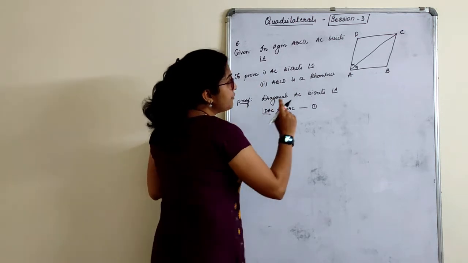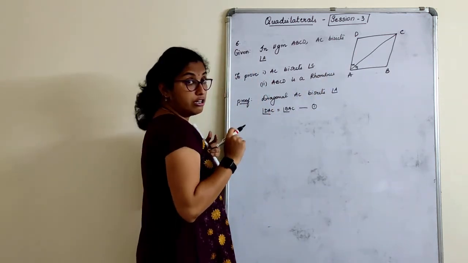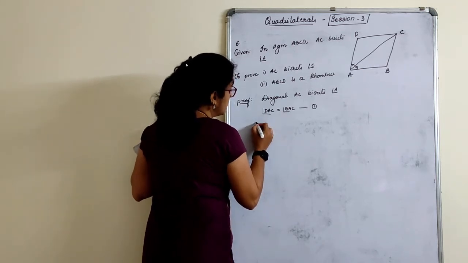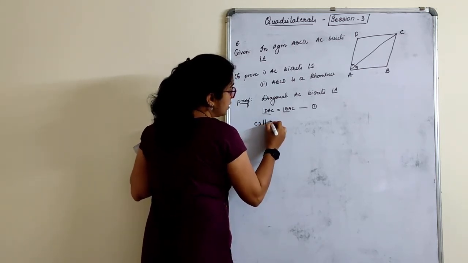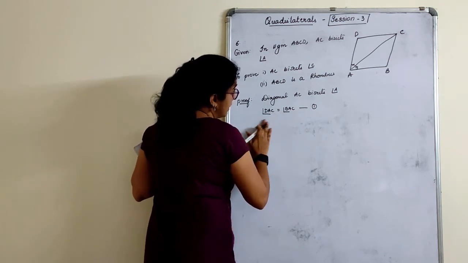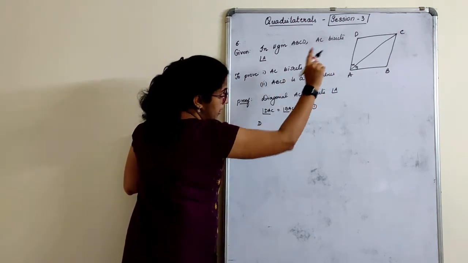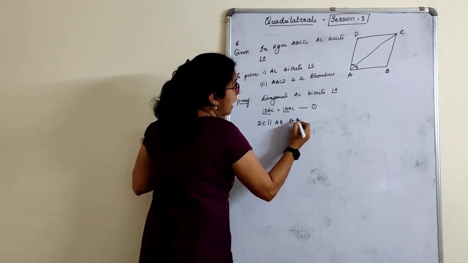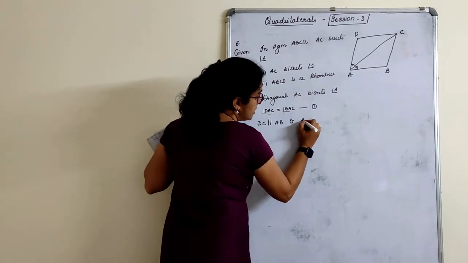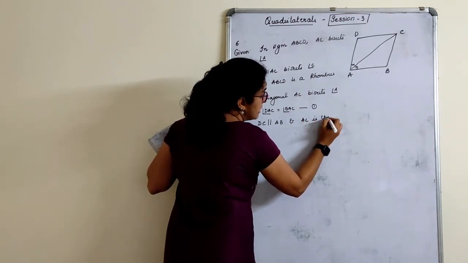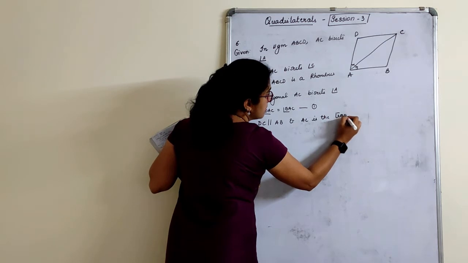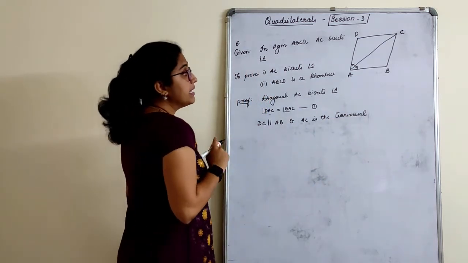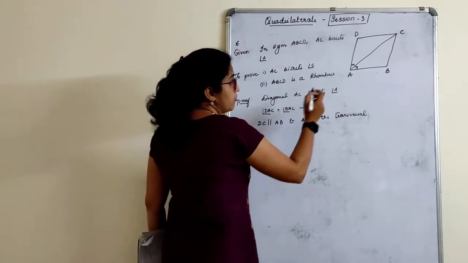Next. Now if you see here, there is a pair of alternate angles also formed here. So I can tell here, DC parallel to AB and AC is the transversal. In that case, what can I say here now, children?